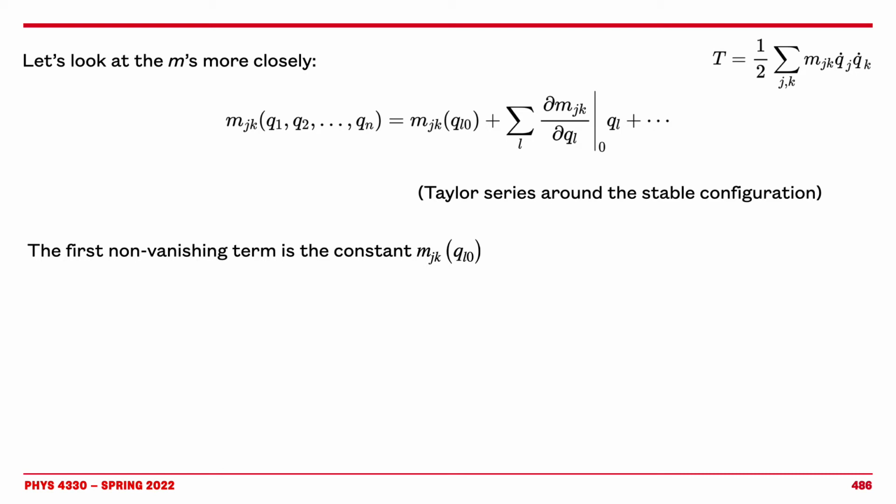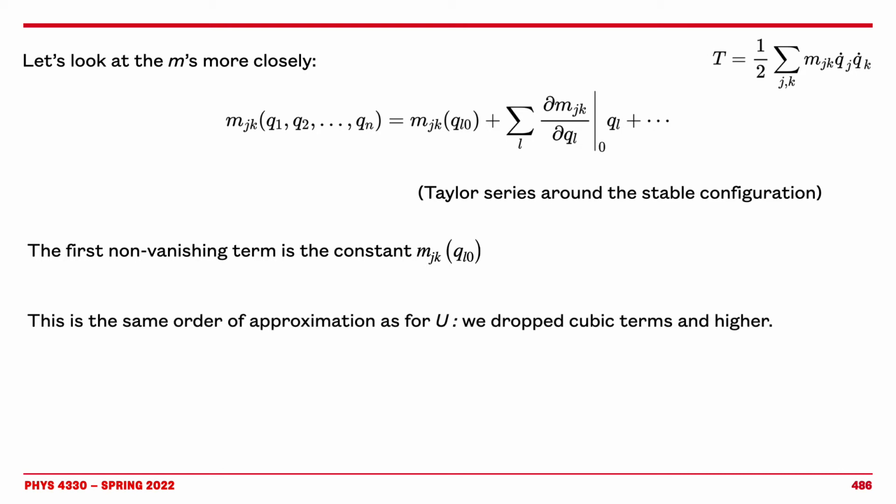And it turns out that the T already depends quadratically on the q's, right? It's q dot j, q dot k. So that means that if we want to stay in second order in the coordinates, we also need to use a 0th order in the mjk. So that's the reason why we need to do this. So I hope this is very clear. If it's not, I suggest that you rewind 20 seconds and listen to this again.